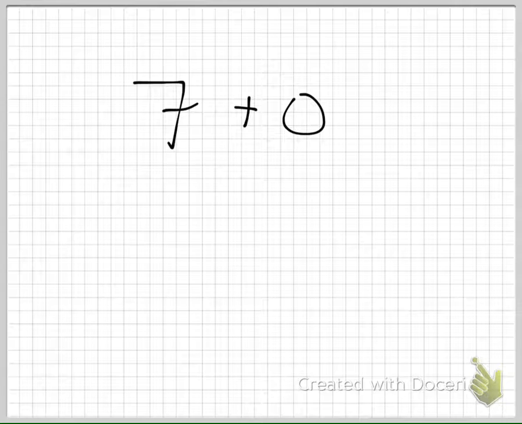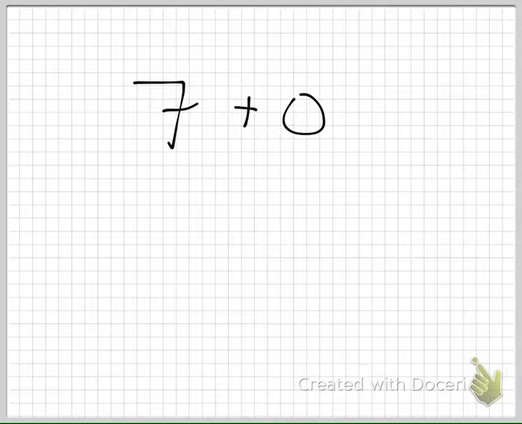This is called the additive identity property. Identity means this: if you add 0 to a number, it doesn't change its identity. So think of it like that. It's called the additive identity property because when you add 0 to it, it doesn't change its identity.